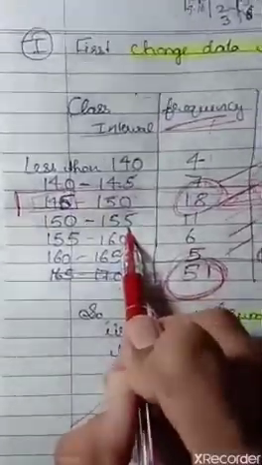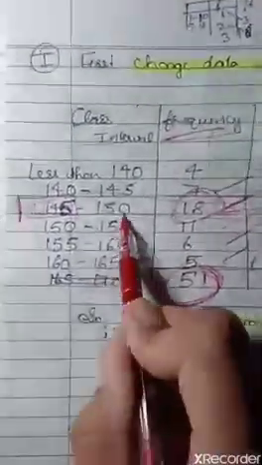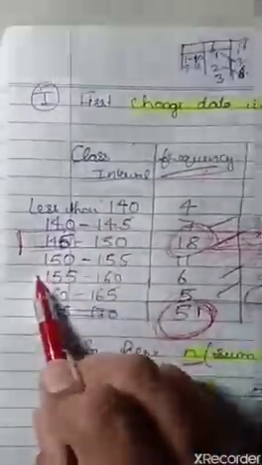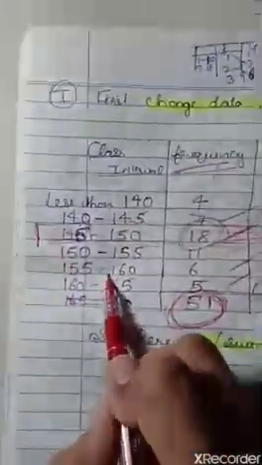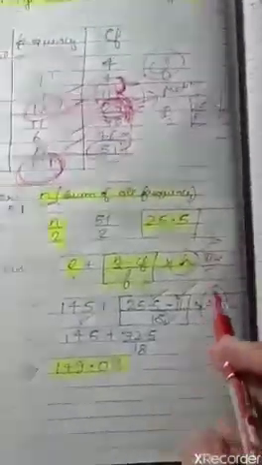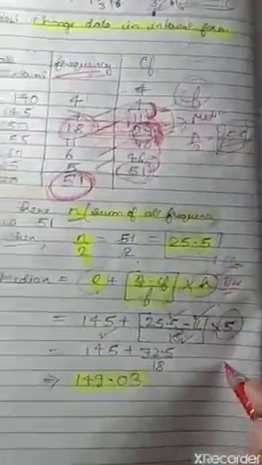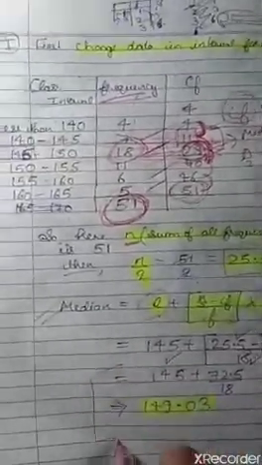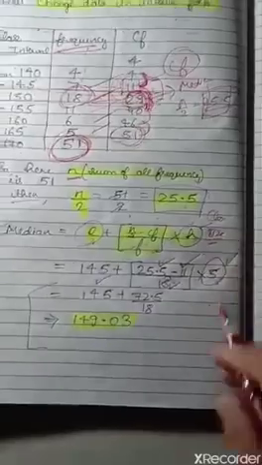For example, I took this: 155 upper limit minus lower limit 150 is 5. Similarly, you can check in this also, 160 minus 155 will be 5. So class size will be 5. Then it's all about the calculation you do. The main explanation I have told you already. So class size is 5.